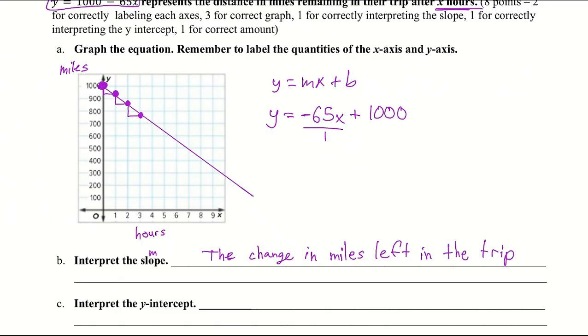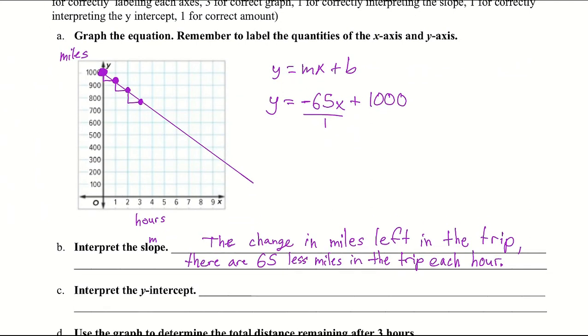It's decreasing, so it would mean there are 65 less miles in the trip each hour. That would work, okay? And there are a lot of other things that would work too. That's just what came to my head about this, right?